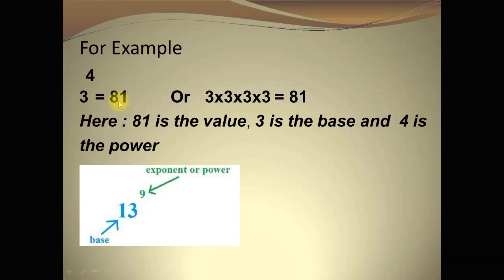Here this 81 is the value of this exponential form, and in this expression 3 is base and 4 is power or exponent or index. Another example, suppose we have 13 power 9. In this expression 13 is base and 9 is called exponent or index or power.